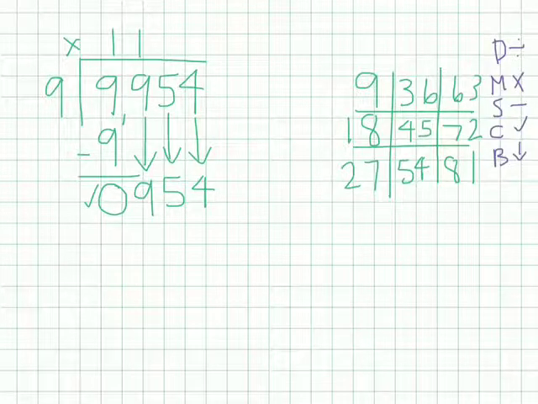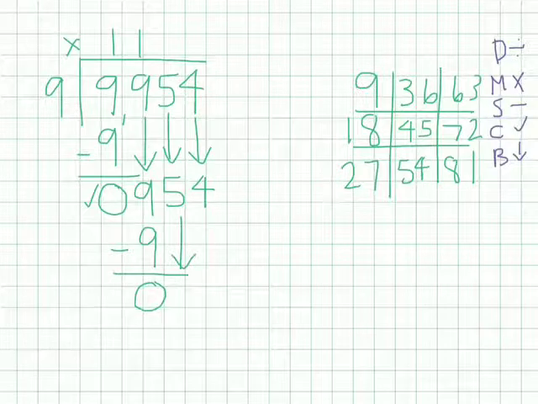Then I will do my next step after I divide, which is to multiply. So this one I just wrote down times 9 equals 9. So I'll write that here. 9 minus 9 is 0. Then I will bring down my 5 and my 4.